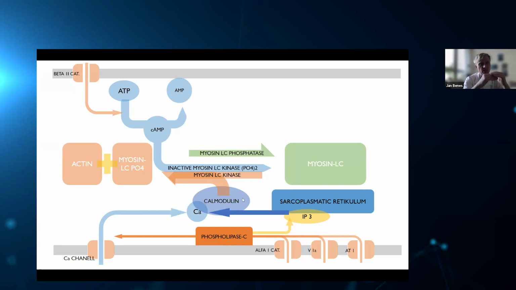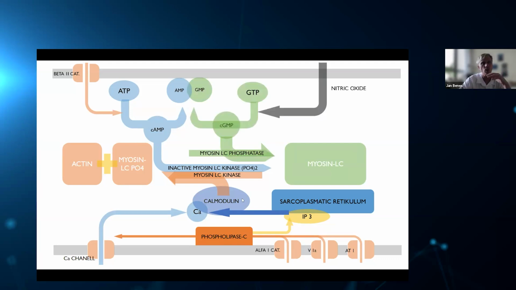So that's an opposite effect of the beta catecholamines. And there is one more important pathway, and this is the nitric oxide pathway. This may be triggered by histamine, or by kallikrein-kinin, and this is the production of nitric oxide, which induces the change from guanylyl to cyclic GMP, and this increases the myosin phosphatase. So this is actually the vasodilatory pathway.